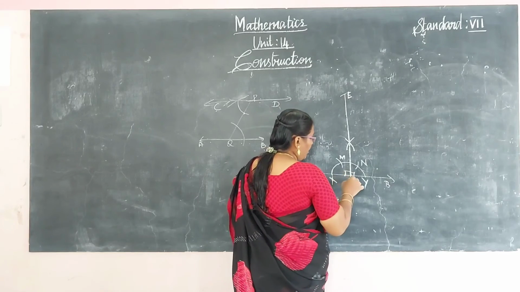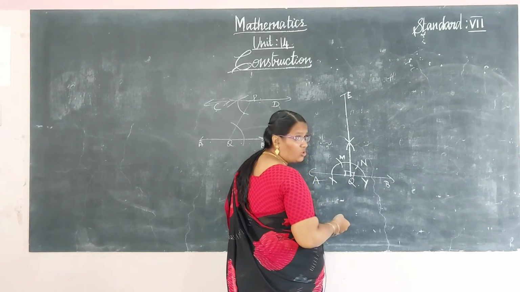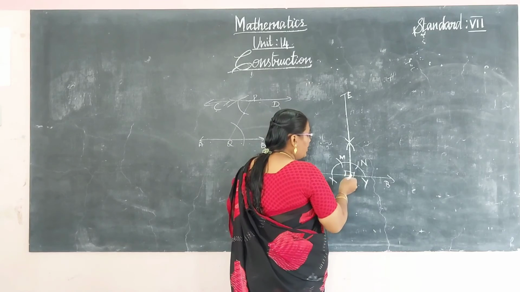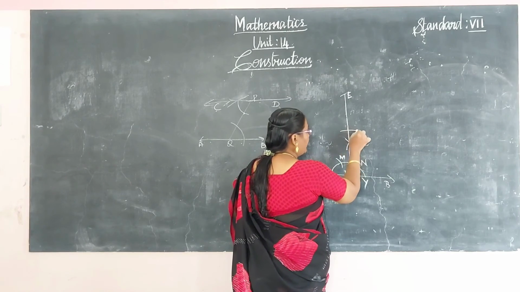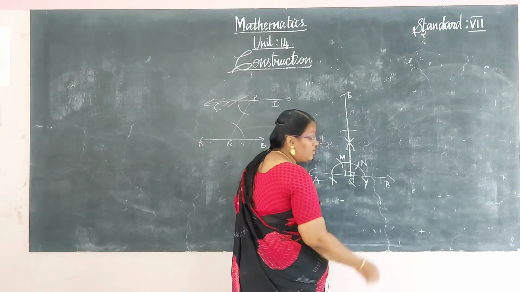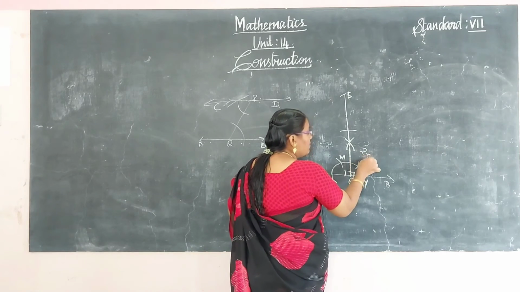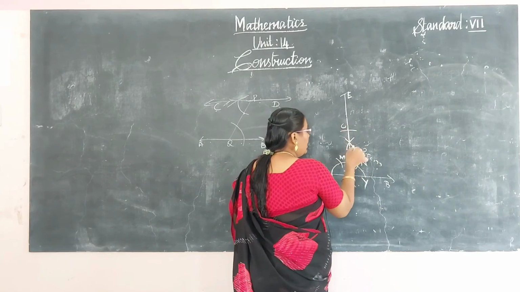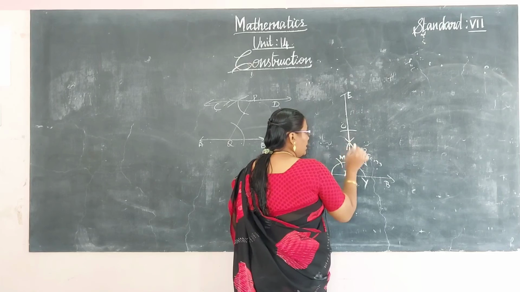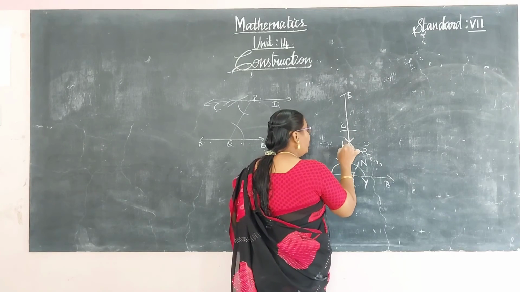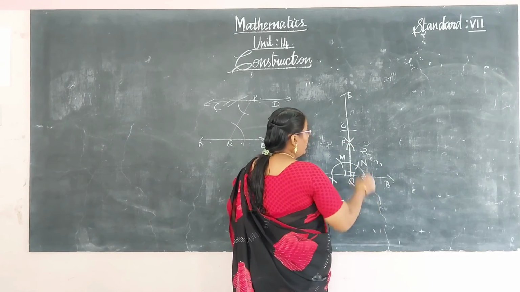Then the distance is given, 2.5 centimeters. With center Q, draw an arc of radius 2.5 centimeters. The intersecting arc is denoted by P. With center Q, we follow the same procedure as step 1, that is, with center Q, draw an arc of any radius.